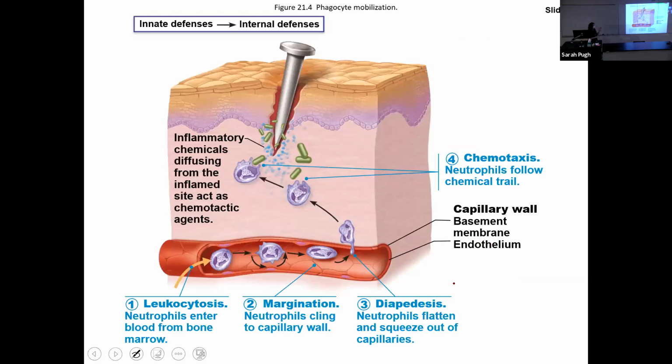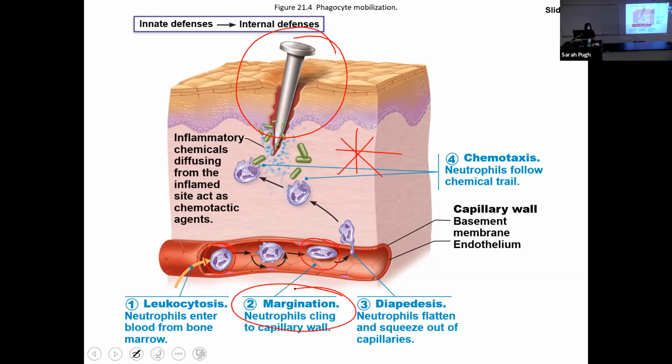So this is a great picture that's showing you those steps for mobilizing phagocytic cells like white blood cells. You can see here, you damaged your tissue. Maybe you've stepped on a nail. You are going to go through leukocytosis and make extra white blood cells, and you pump those out into circulation. How do they know where to go? Because this tissue is swollen. These white blood cells, as they are moving through that capillary, are going to cling to the wall of the capillary.